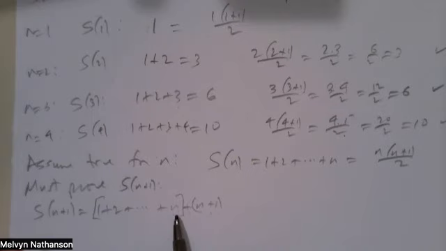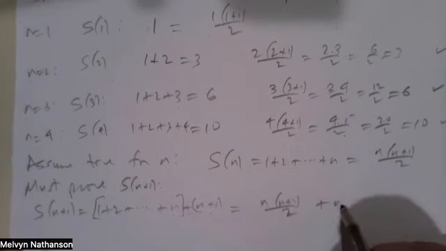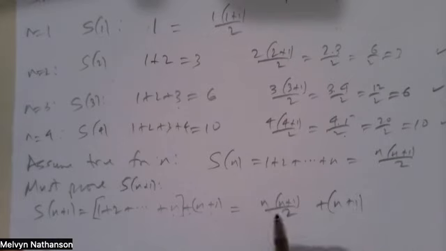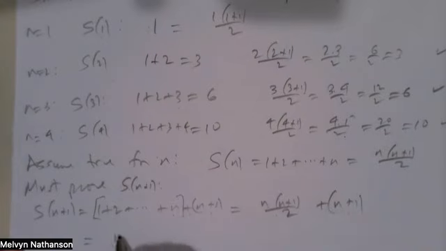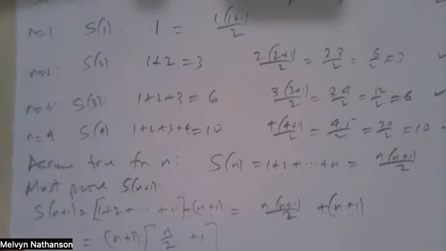But the sum of the first n integers by the induction hypothesis is this. It was this plus n plus 1. I can factor n plus 1 out of this. I get n over 2 plus 1.